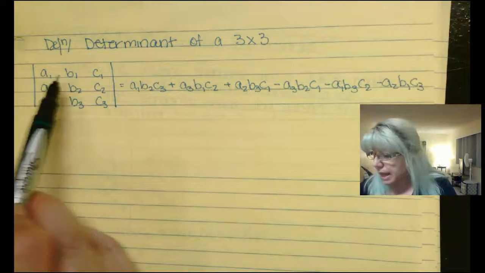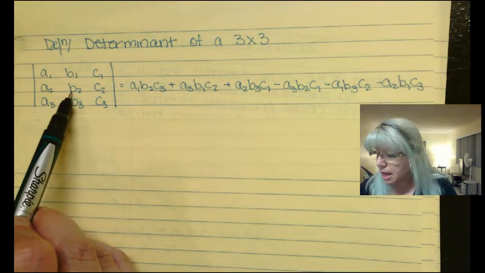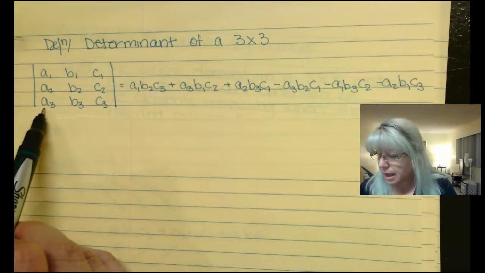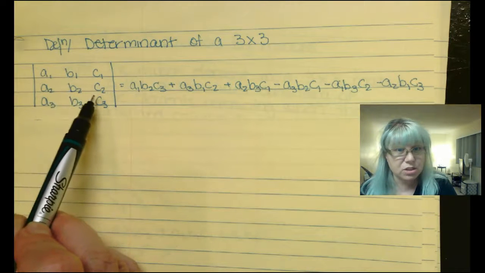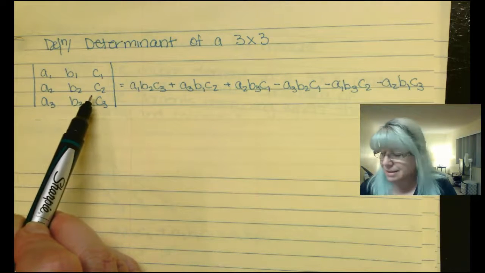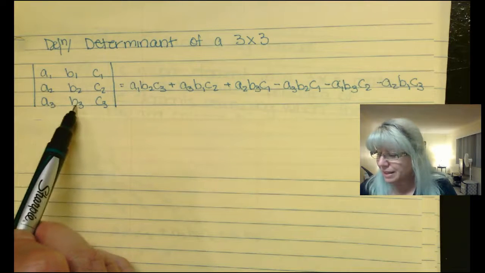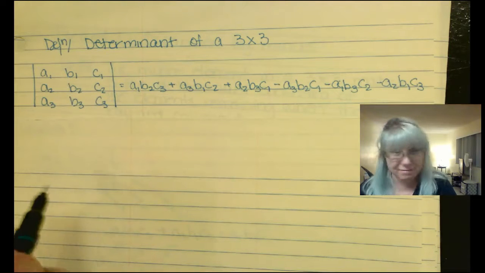It's going to be A1 times B2 times C3, plus A3 times B1 times C2, plus A2 B3 C1, minus, ready?